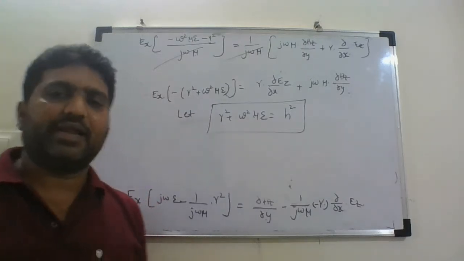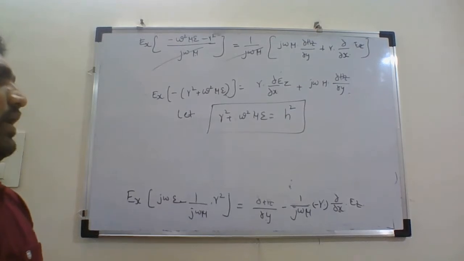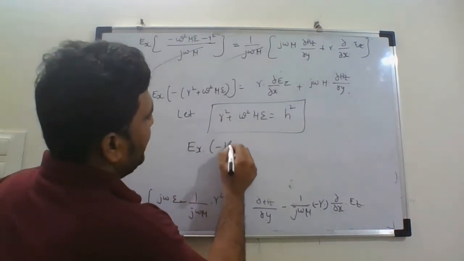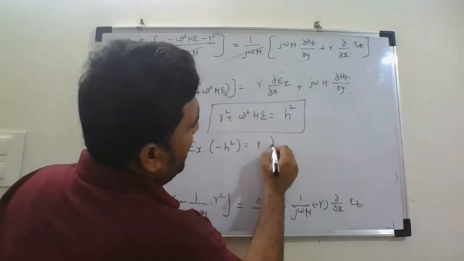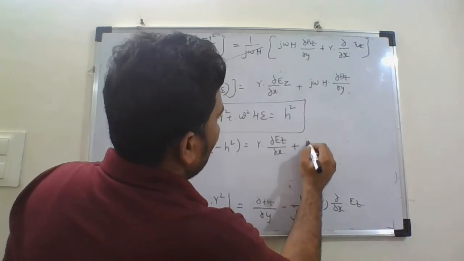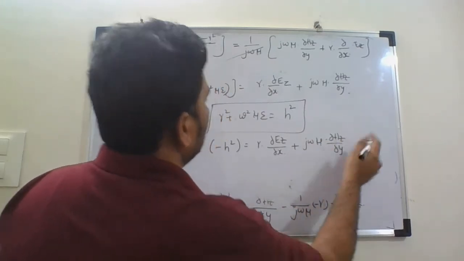We will discuss that later. So let us assume that this value is equal to h square. Therefore, what I get is Ex into minus h square is equal to gamma into dou Ez by dou x plus j omega mu into dou Hz by dou y.